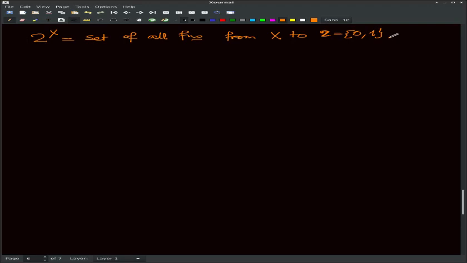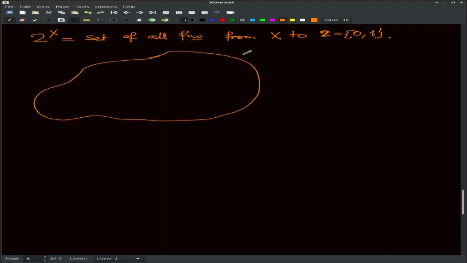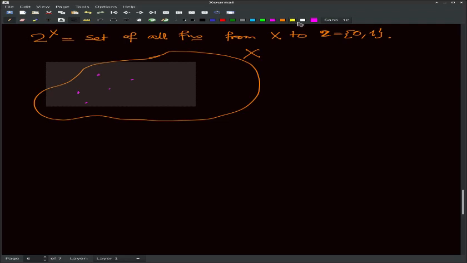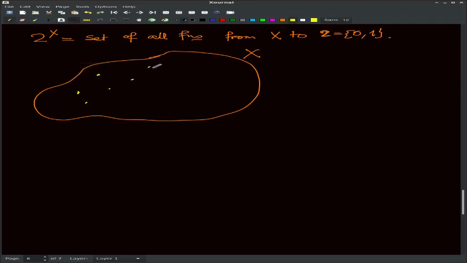So giving me a function, what is this? You just tell me which elements go to 1. So as if you have written down x like this, some of the points are highlighted, and where these are highlighted, these are the places where it takes 1.